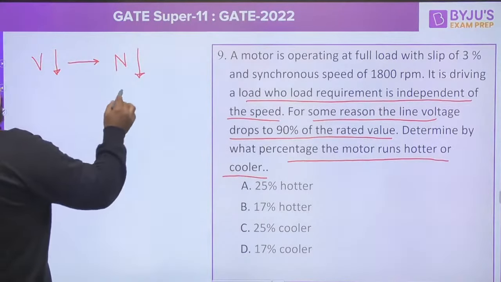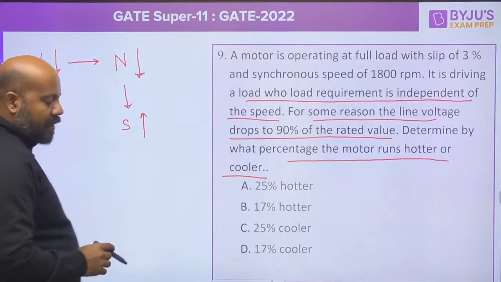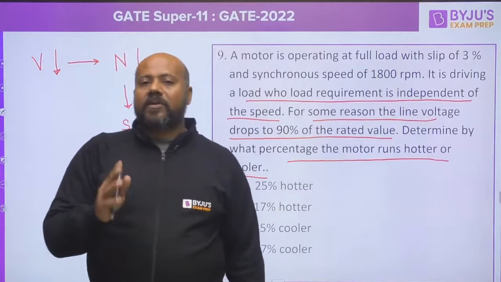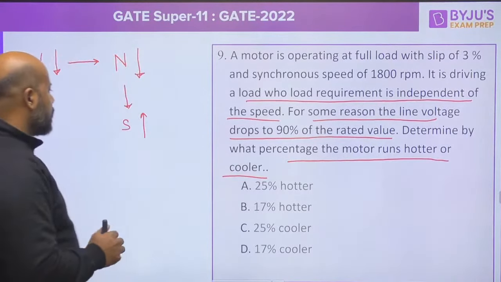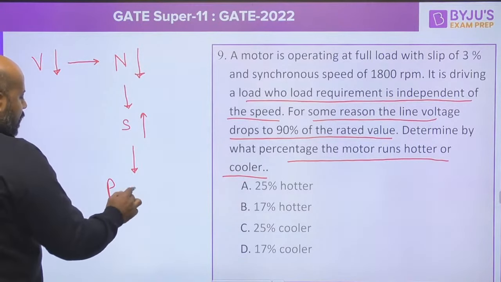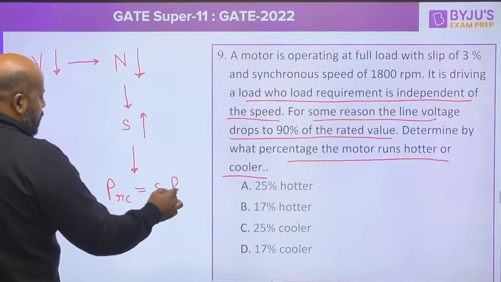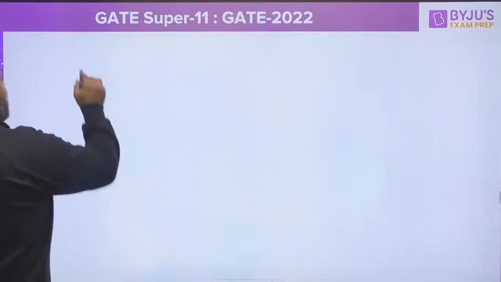The moment speed of the motor is reduced, you can say slip is increased. The difference between the rotor speed and the synchronous speed is going to increase. If the slip is going to increase, what is going to happen? You know, the rotor copper losses are given as slip times air gap power. Now we have to understand what is air gap power.